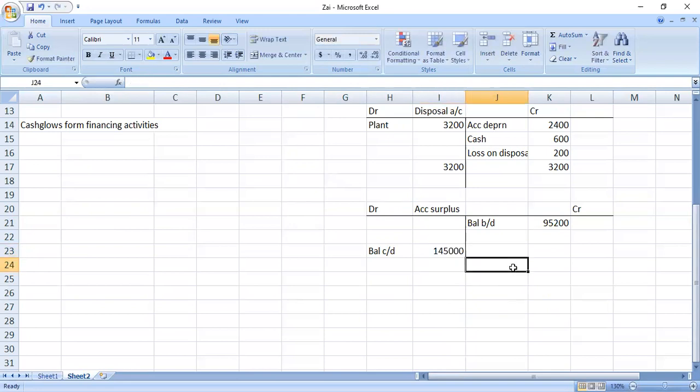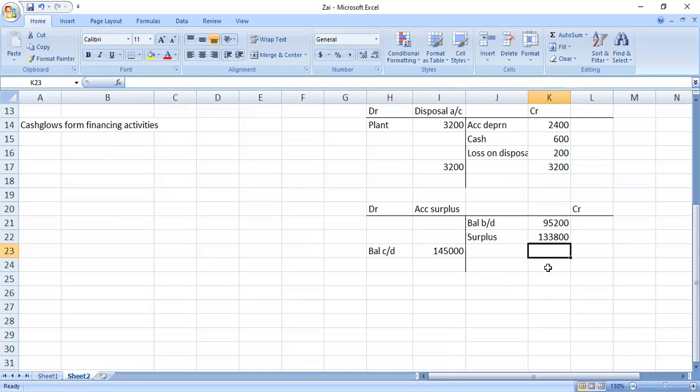Okay, so you try to balance off the T account. First, before you balance it off, of course, accumulated surplus is affected by the surplus for the year. So it's supposed to bring surplus for the year first here. And so on the credit side, because surplus for the year increases accumulated surplus, the deficit is the one that reduces. So it would have gone on the debit side. So we bring it here as surplus for the year. We saw it is 133,800 from the income statement, if you remember.